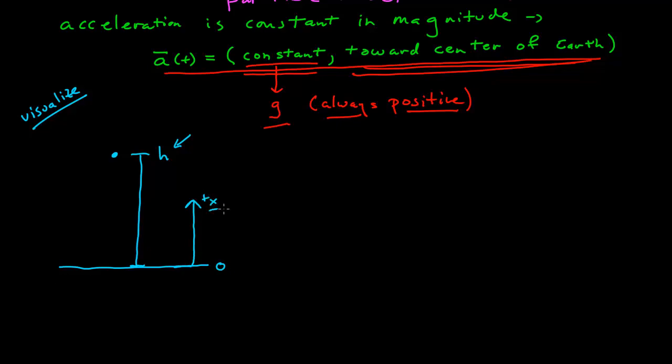I'm going to call it my single axis x, and I'm going to have the positive x going up. That's as good as anything. If my algebra gets complicated, I can always go back and switch it around. All right, so this is the visualization step. I've got a picture, a schematic, and a coordinate system, 0 and a positive axis.